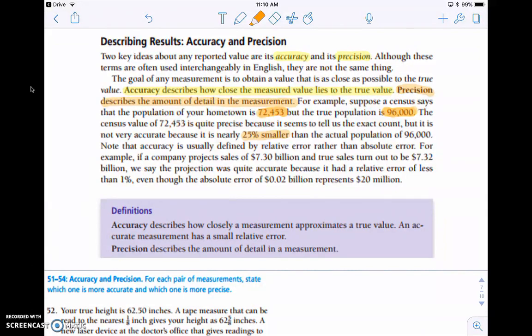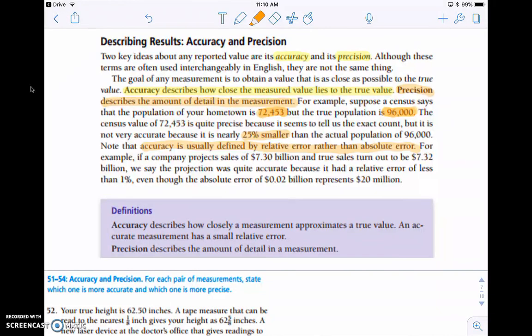And that's where we talk about uncertainty, where numbers can be used in a way to deceive. It looks like they are right on the money, where in reality they were not very accurate. So accuracy is usually defined by the relative error rather than the absolute error.